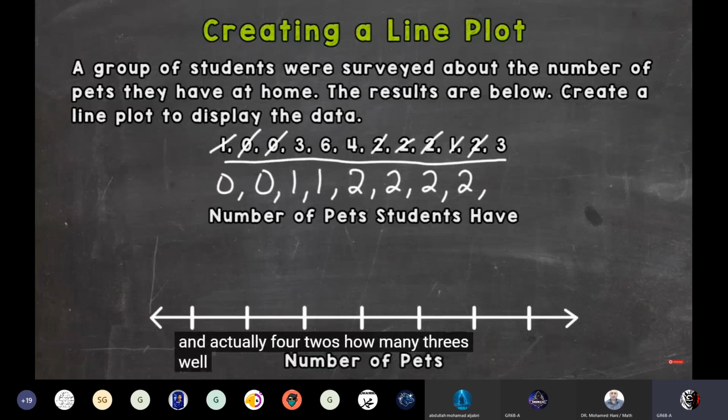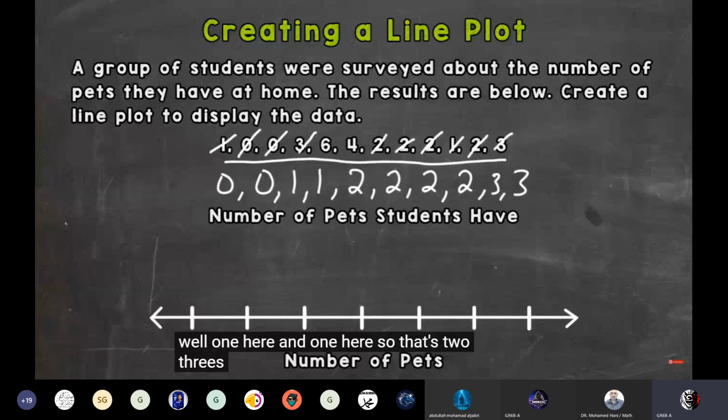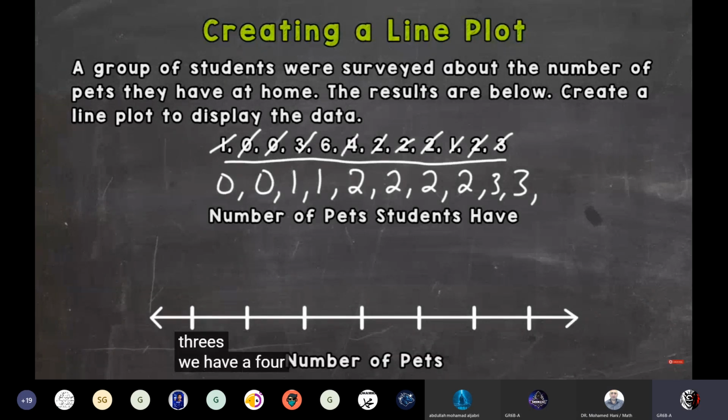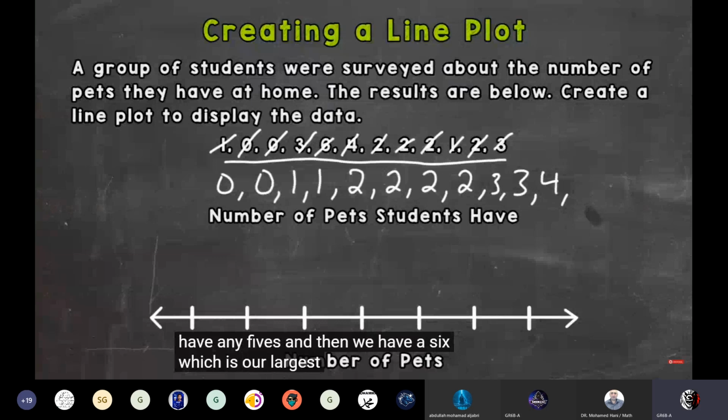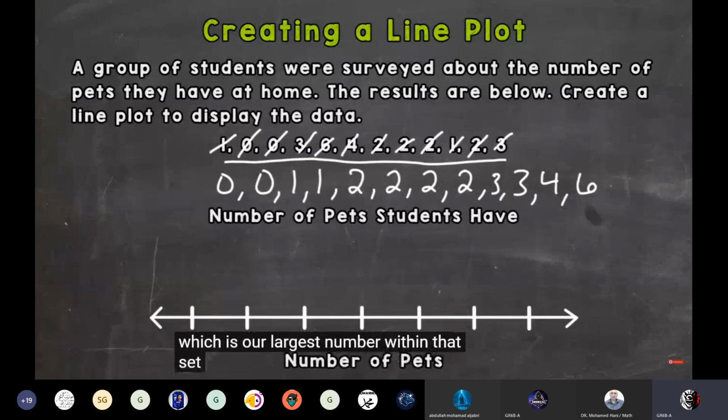How many 3s? Well, 1 here and 1 here, so that's 2 3s. We have a 4. It does not look like we have any 5s. And then we have a 6, which is our largest number within that set of data.